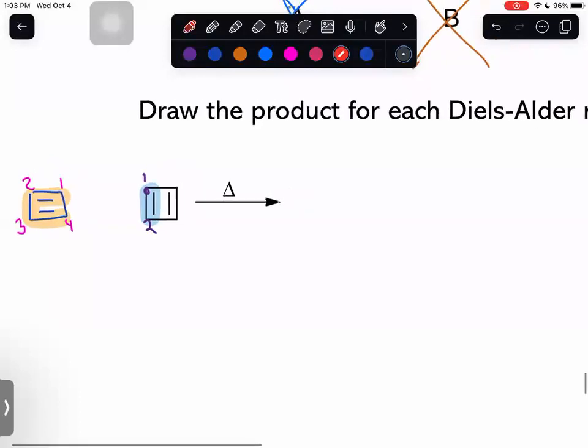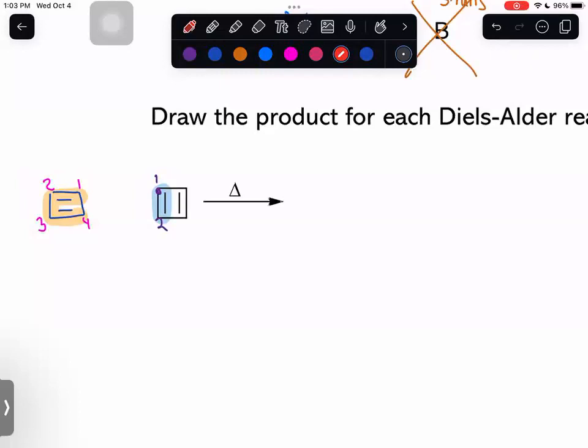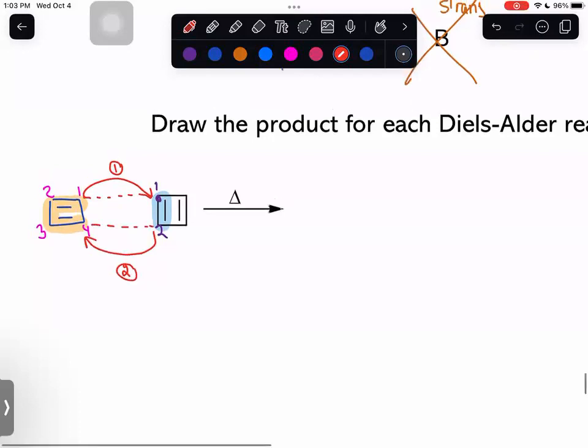Now, we know that as far as the mechanism goes, the diene attacks the dienophile, first arrow, we make a new bond in here. Second attack, back to the diene. Again, we make another bond. And then to not break the octet, I have to shift the double bond in between carbon 2 and 3.